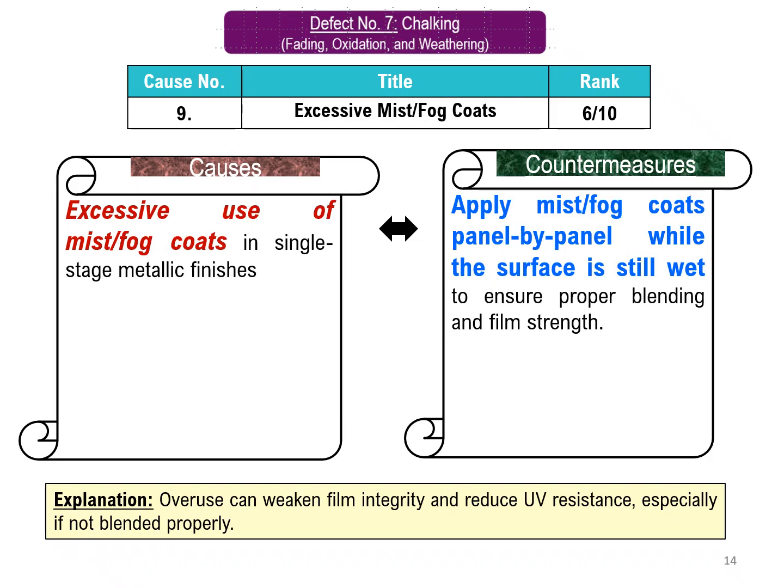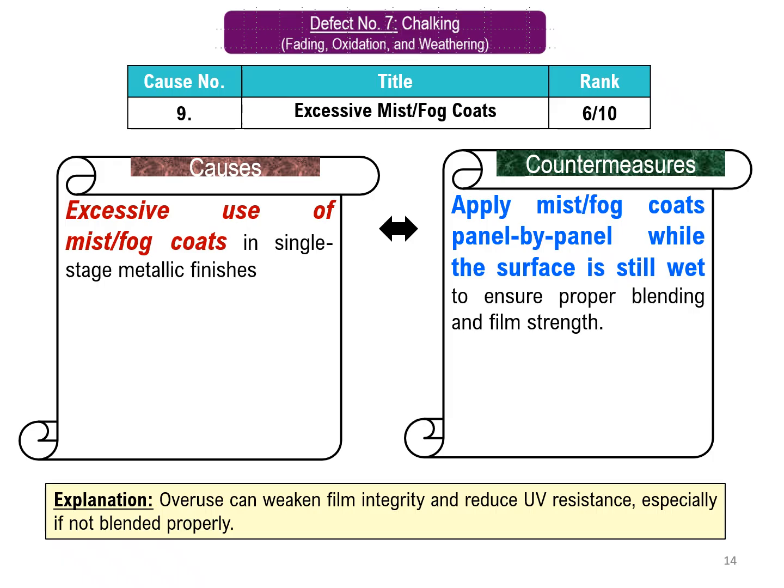The ninth important contributing factor is excessive fog coats, the excessive use of fog coats in single stage metallic finishes. Overuse of fog coats can weaken film integrity and reduce UV resistance, especially if not blended properly.